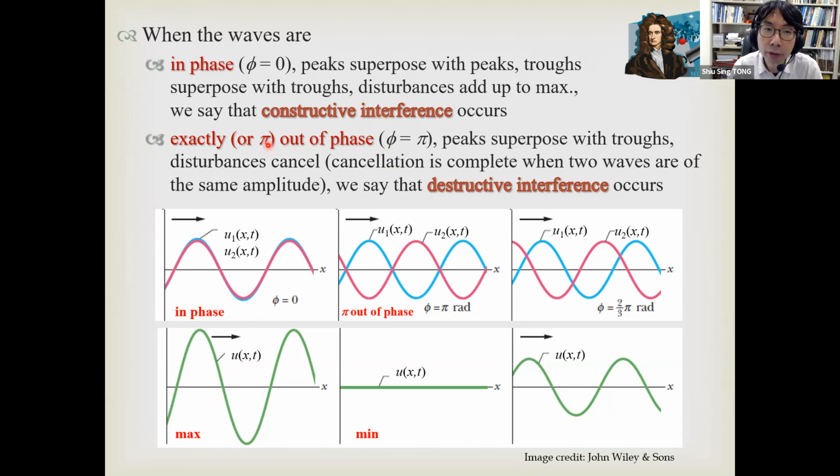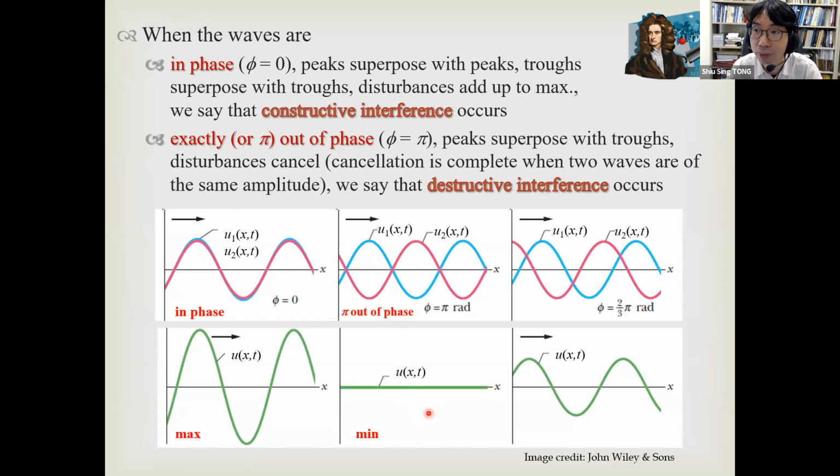Now, how about when phi is equal to pi? When phi is equal to pi, then the two waves are pi out of phase. It's half of a wavelength out of phase. So the peak of one wave will be superposed with the trough of the other, and they always result in zero disturbance because at every point, the two waves are of equal magnitude of disturbance in the opposite direction.